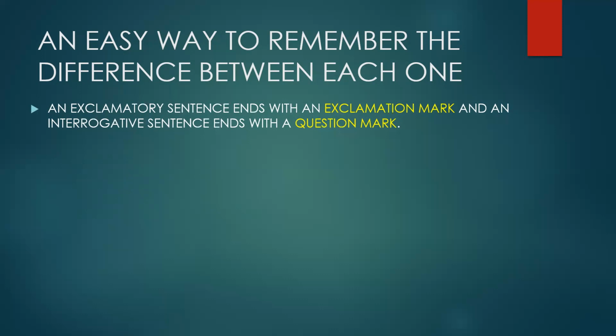Okay, now, suppose you do not find an exclamation mark or a question mark at the end of a sentence. Then it will either be a declarative sentence or an imperative sentence. Now, how will you tell the difference between these two? They both end with a full stop.